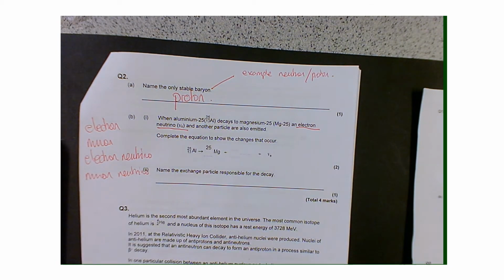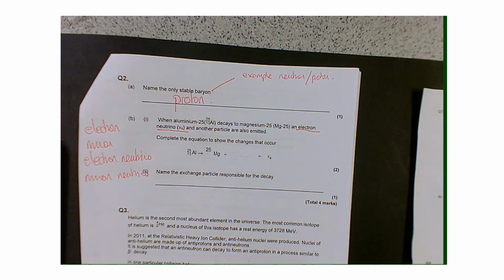Adam, go ahead. We have the antineutrinos and the positron. No, because that's not a lepton. So we've got an electron, a positron. Yes, Adam? Antimuon. So each of the particles has got the equivalent antimatter particle.